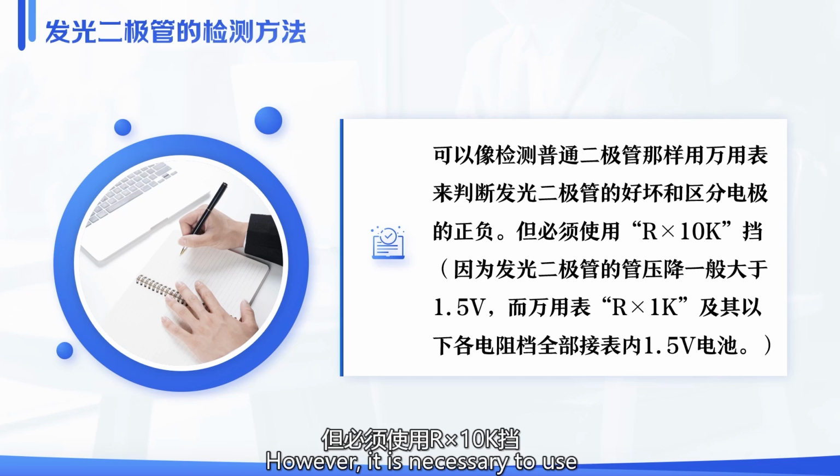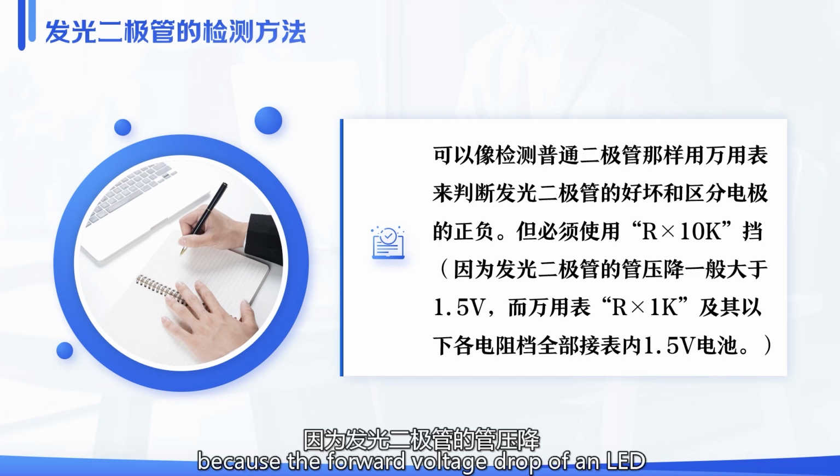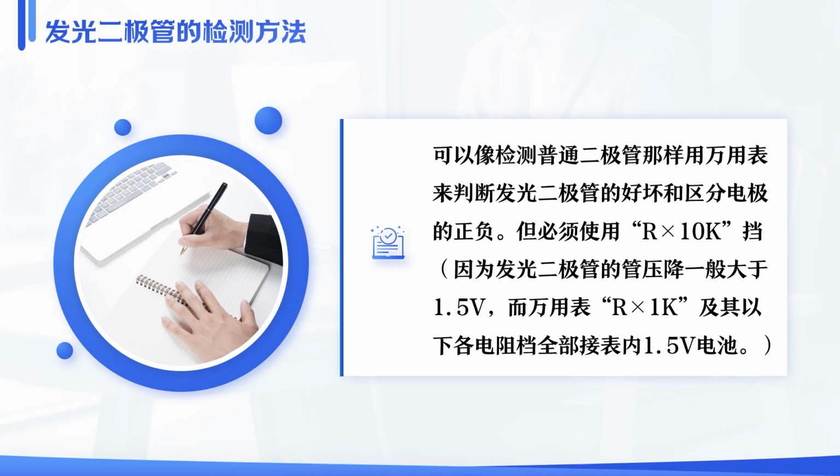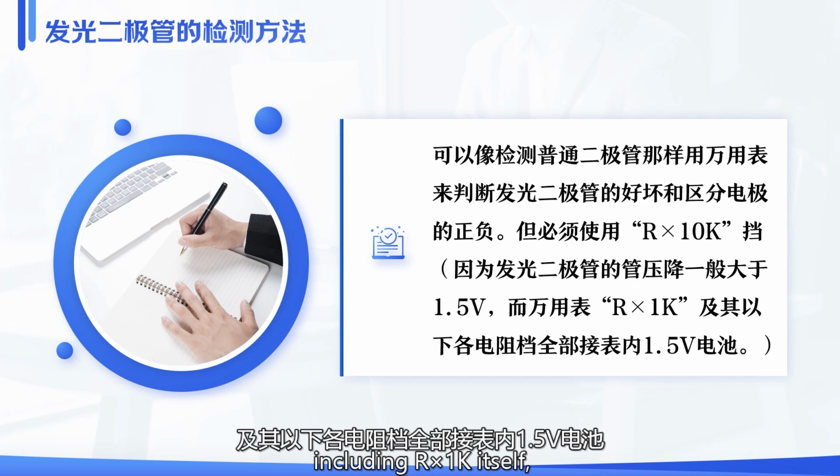However, it is necessary to use the R times 10K range because the forward voltage drop of an LED is generally greater than 1.5 volt, and all resistance ranges of the multimeter below R times 1K, including R times 1K itself, are powered by the internal 1.5 volt battery.